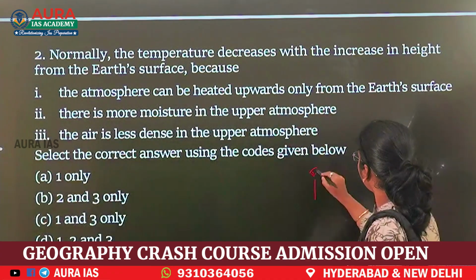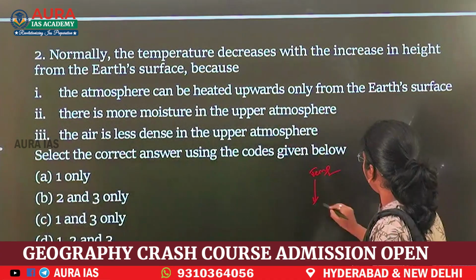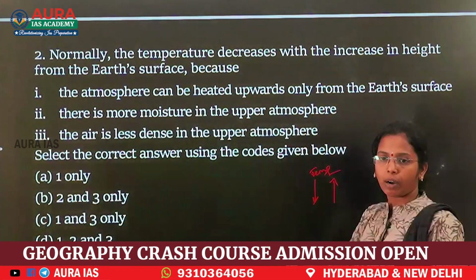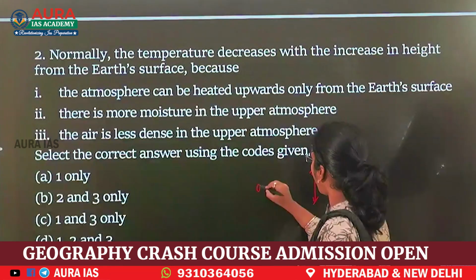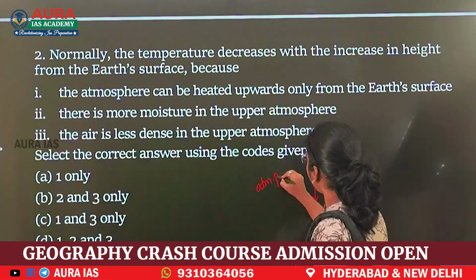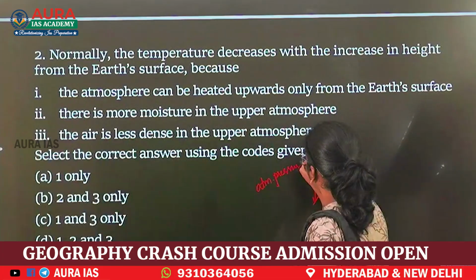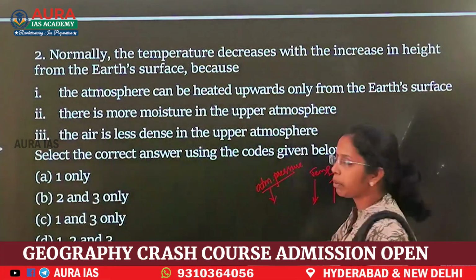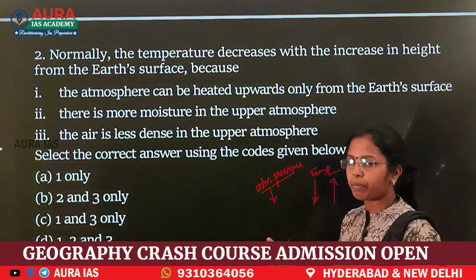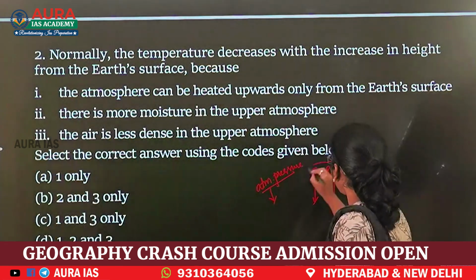Temperature decreases when we move upwards. When altitude increases, temperature decreases because atmospheric pressure decreases, and because of this decrease in pressure, air cools and expands. Therefore, the temperature decreases.